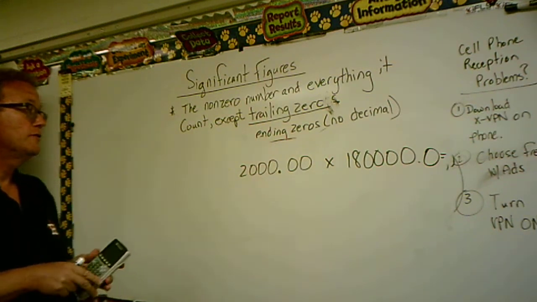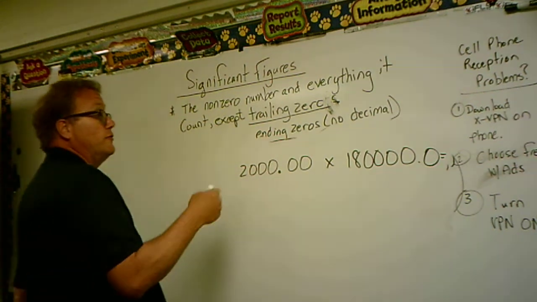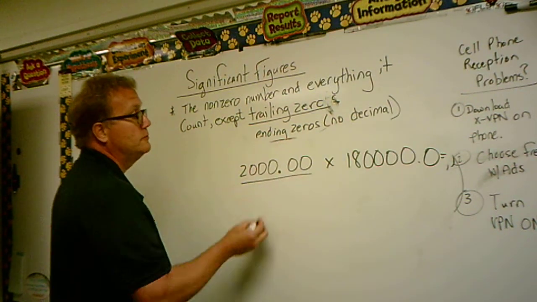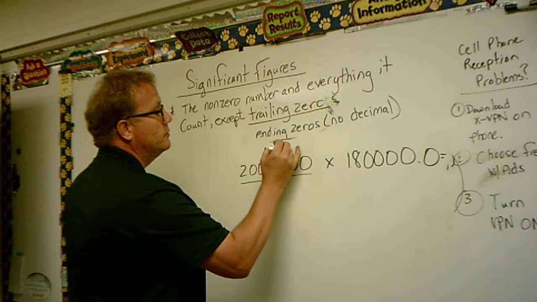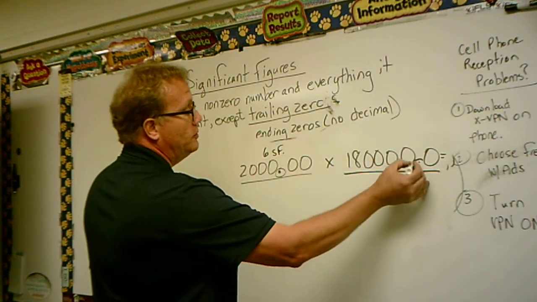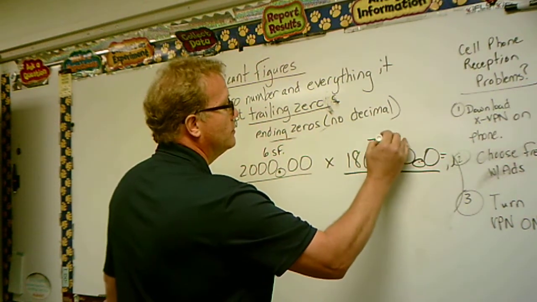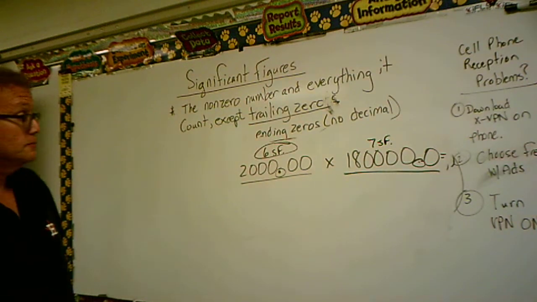I know some of you can probably calculate this without a calculator, which is fine. Let's go ahead and count our significant figures first. This one, that makes them all count. We have 6 sig figs. This one, that decimal makes them all count. That would be 7 sig figs. We have to round to 6 because, again, it's our lowest one.